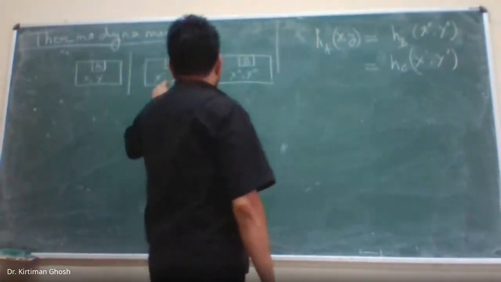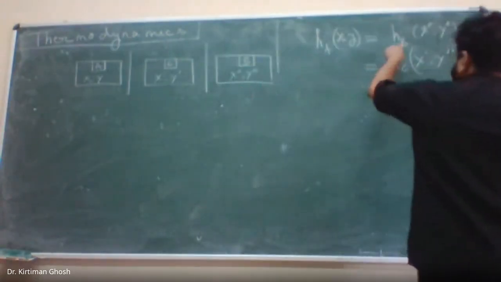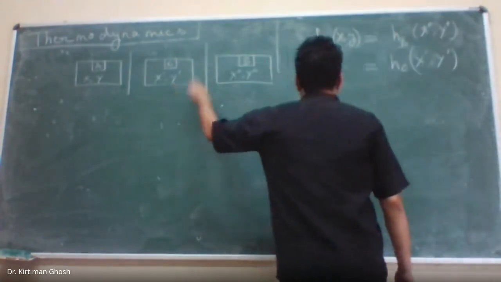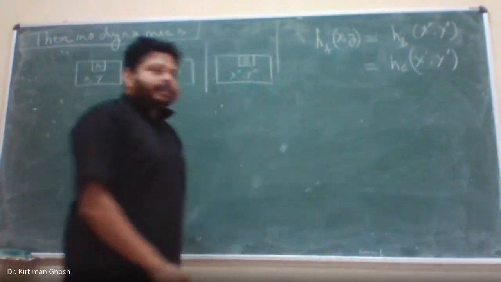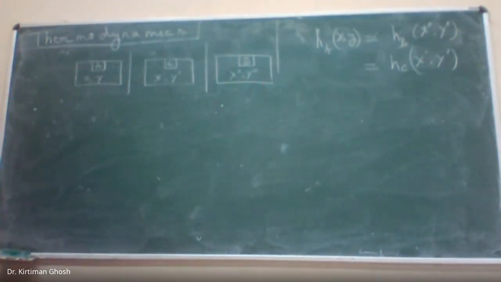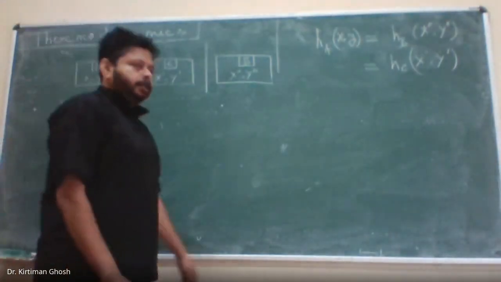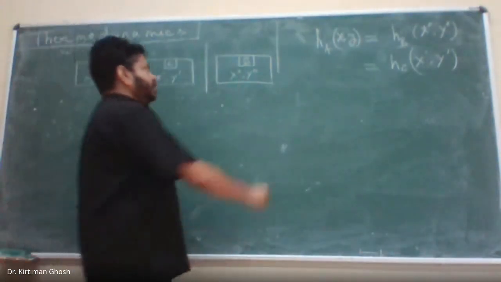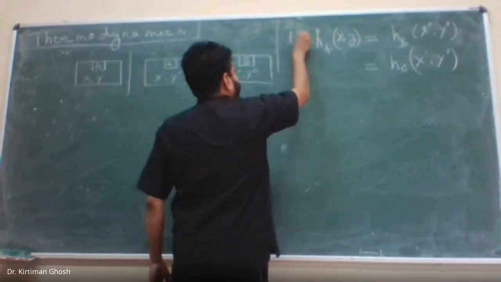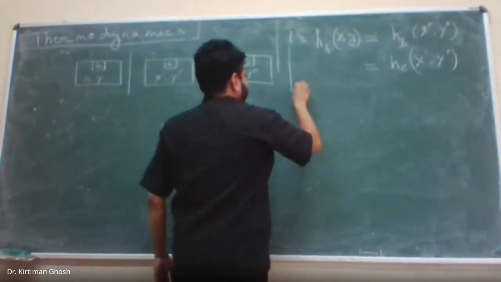There exists a function for system B, which is HB, and there exists a function for system C, which is HC. The value of this function is the same when the systems A, B, C are in thermal equilibrium. The value of this function is called T, the empirical temperature.